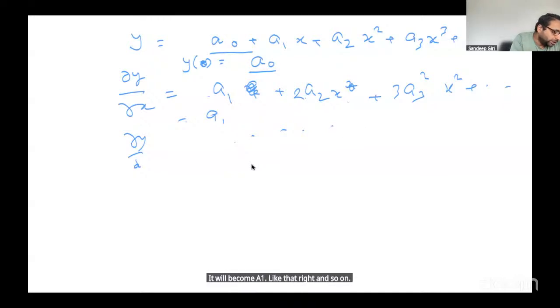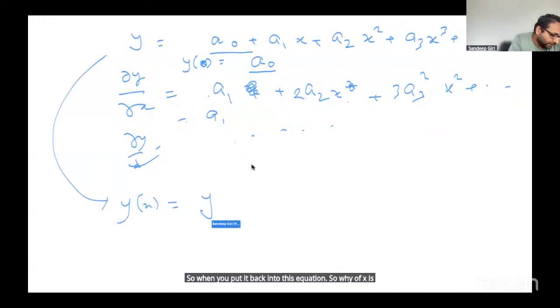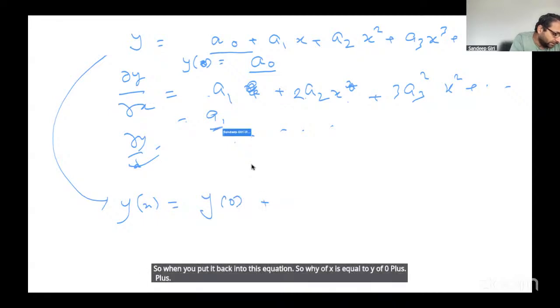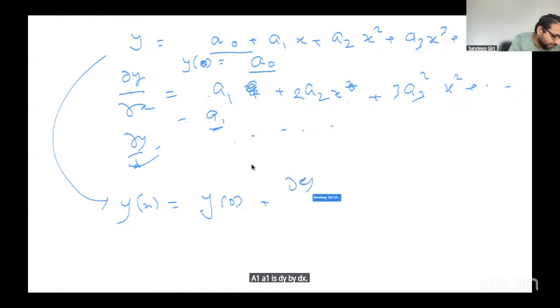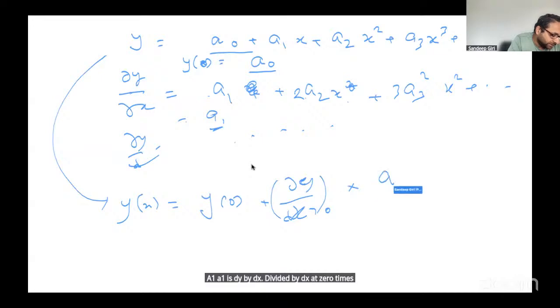So when you put it back into this equation, y of x is equal to y of 0 plus a1. A1 is dy by dx at 0 times x.